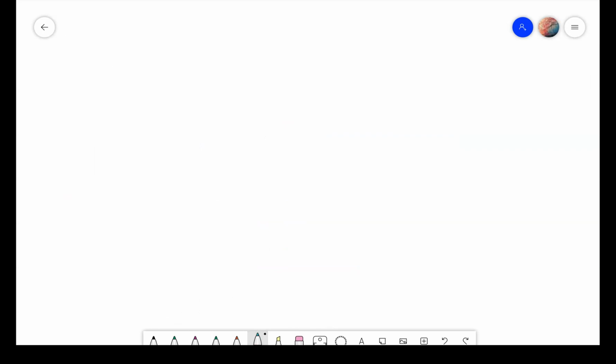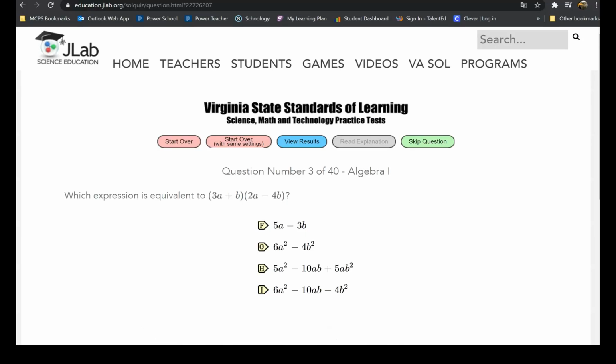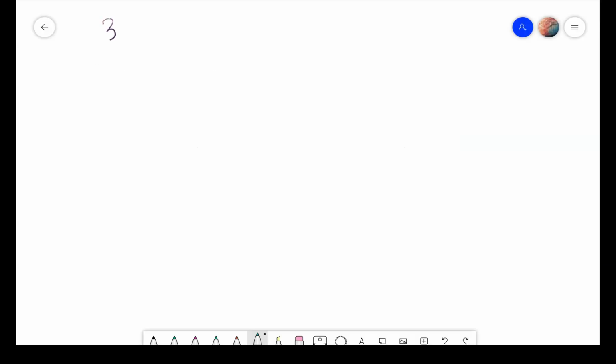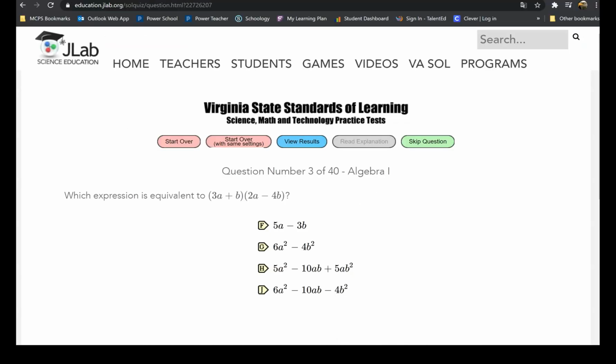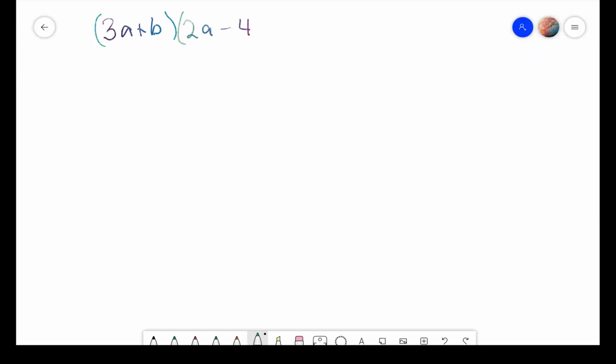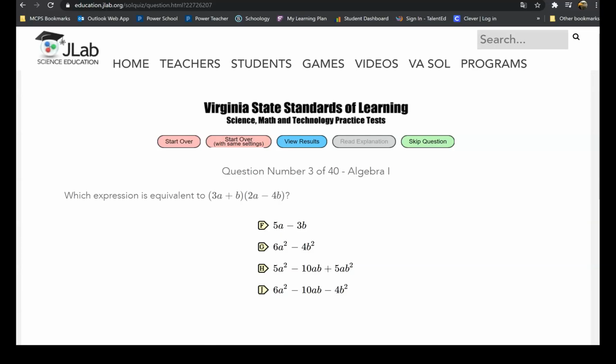And this time I'll use this glitter pen. 3a plus b times 2a minus 4b. So, which expression is equivalent?